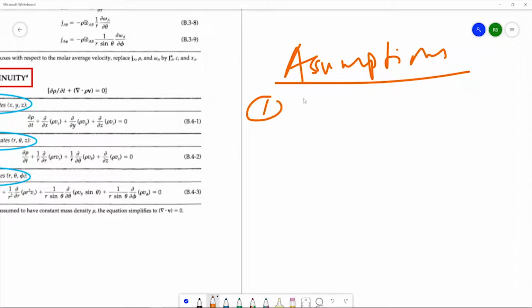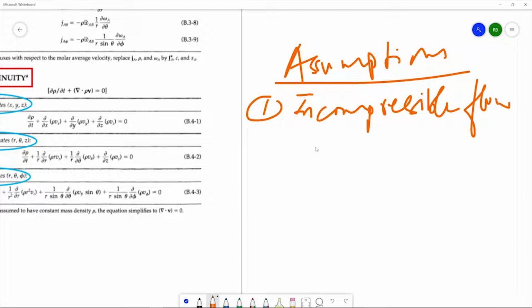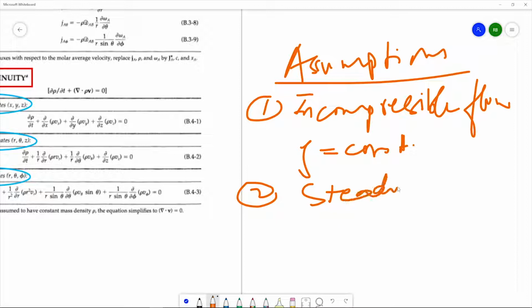First, it is incompressible flow. What do you mean by incompressible flow? Incompressible flow means density of the fluid is constant. Then we have steady flow, I mean steady state.